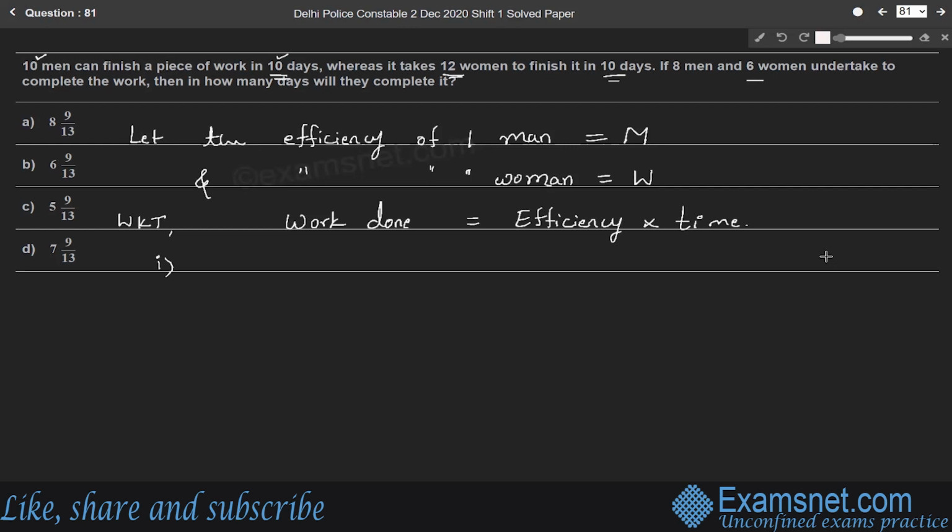So what is the work done here? There are two cases. In case one, 10 men finished some amount of work in 10 days.